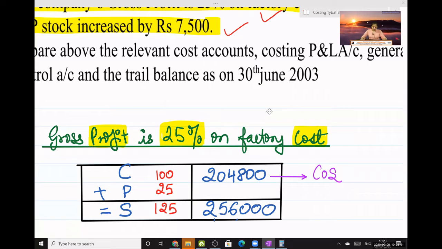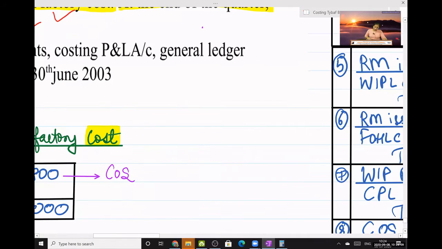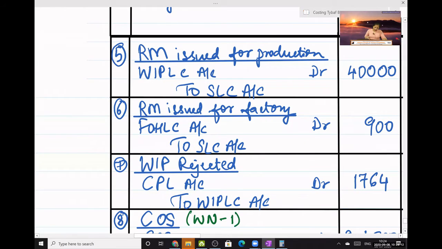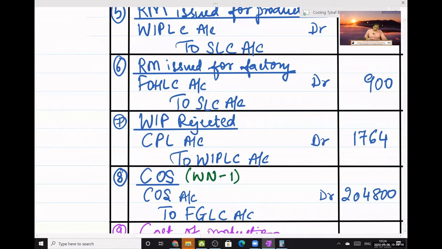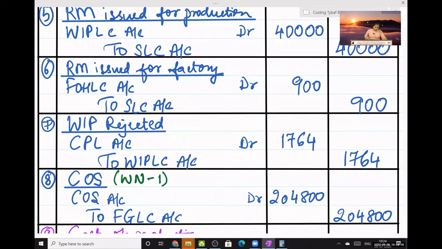Next. Journal entry number 8, cost of sales, from working note number 1. Write this down. Cost of sales account debit to finished goods ledger control 2,04,800.